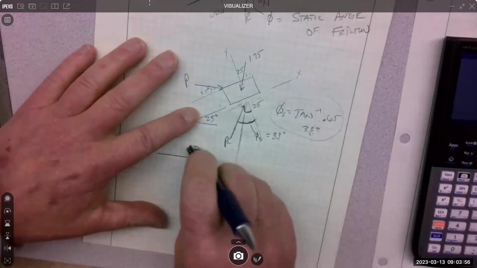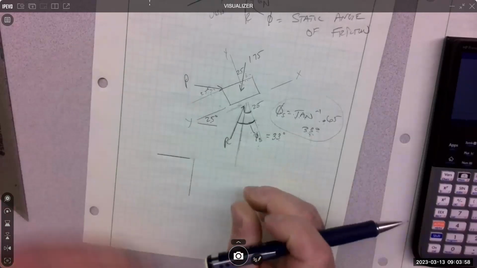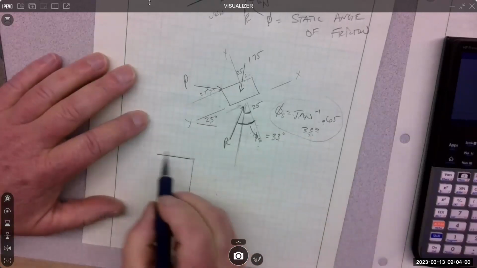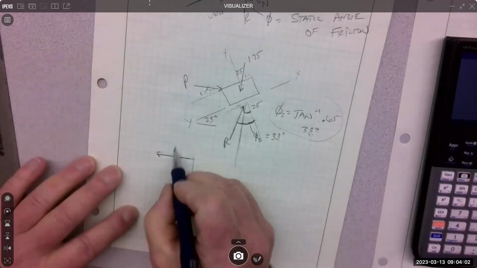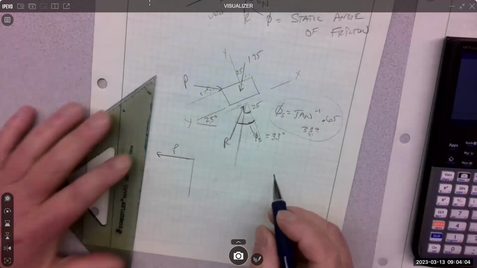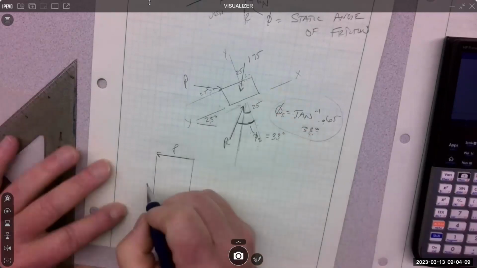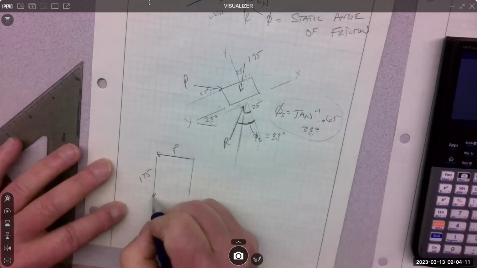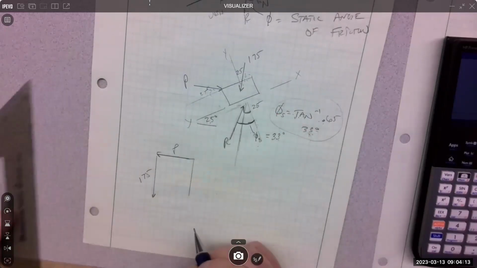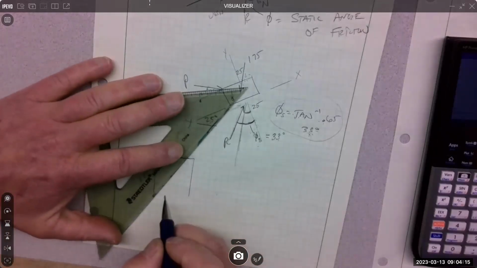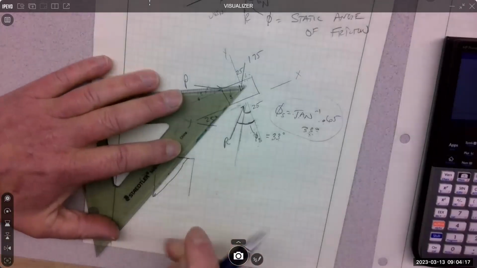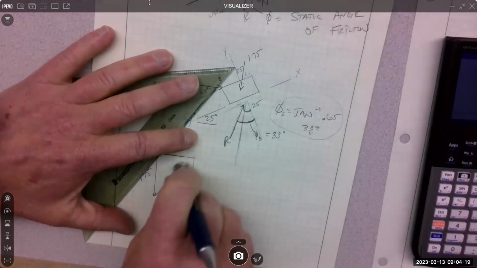Oh, that's right. P's got to go the other way. The only way we can draw this force triangle is if P goes that way. And then I've got to put them together tip to tail. 175 goes down, so tip to tail, right? And then R goes up here. Whoops. R closes it.